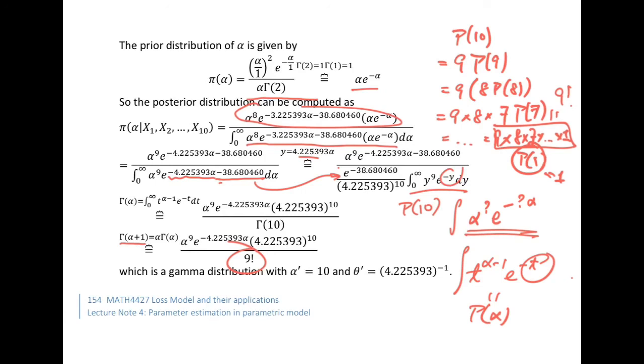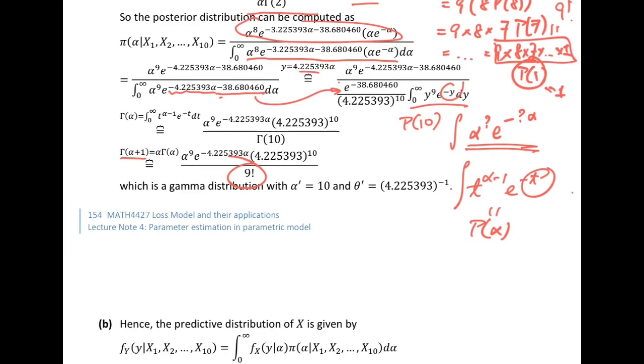Now that will be your posterior distribution. If you look at this function, by some rearrangement you can show that this posterior distribution is just a gamma distribution with alpha prime equal to 10 and theta prime equal to this number.